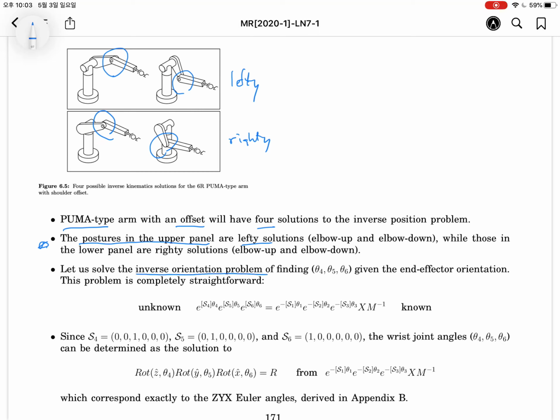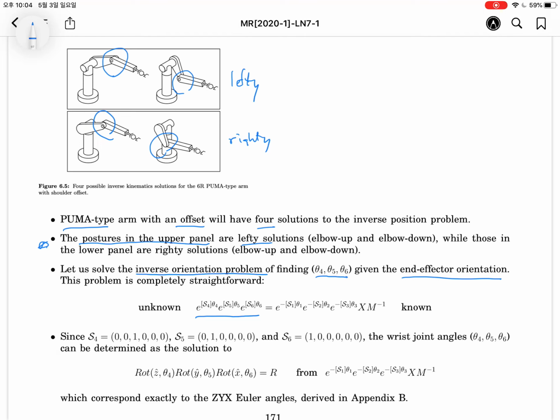Let's solve the IK orientation problem to find theta 4 through theta 6 given the orientation. From the POE, let's divide the POE equation into the known term and the unknown term.